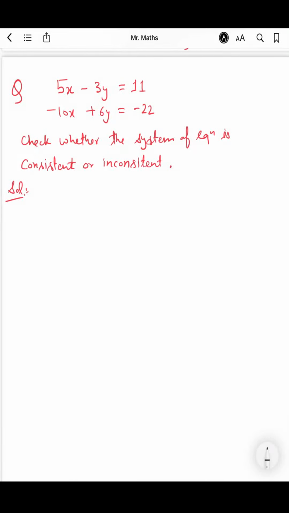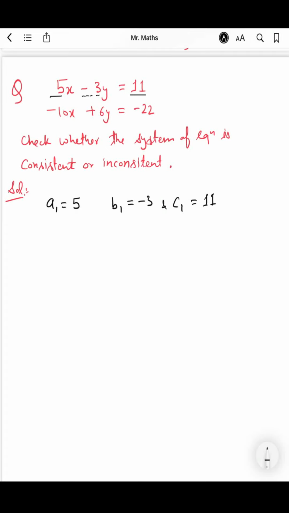What we have to find out is A1, B1 and C1. You can easily observe from equation 1 that A1 is 5 because it's the coefficient of x. B1 is the coefficient of y, which is minus 3. And C1 is the constant term, 11.